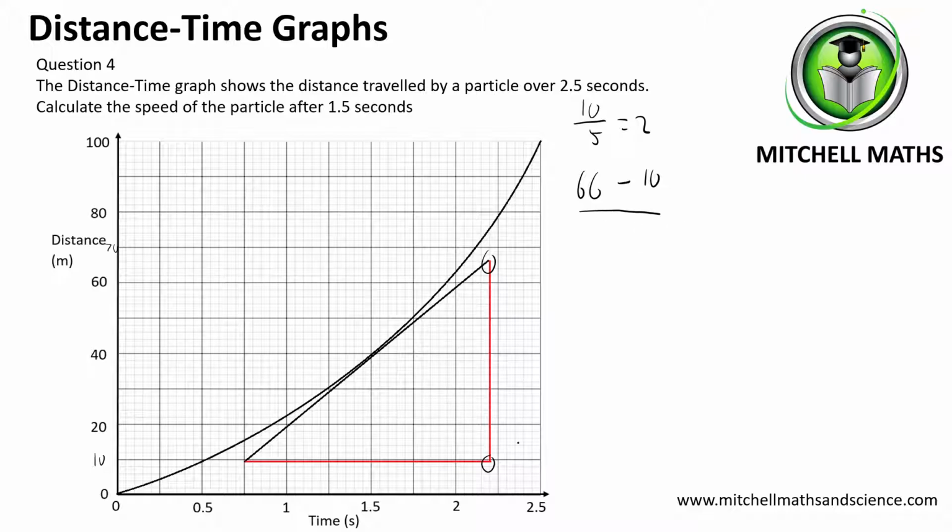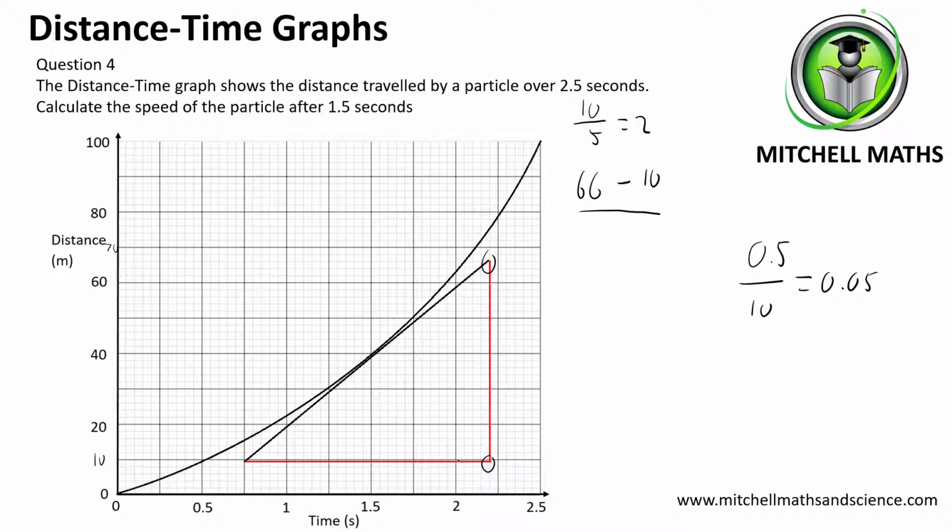The change in x is, okay, I'm reading off this scale here, and I've got 1 to 1.5 is 0.5, so 0.5 is divided into 10 boxes. So if I do 0.5 divided by 10, that's going to be 0.05. So each box is equal to 0.05 seconds.